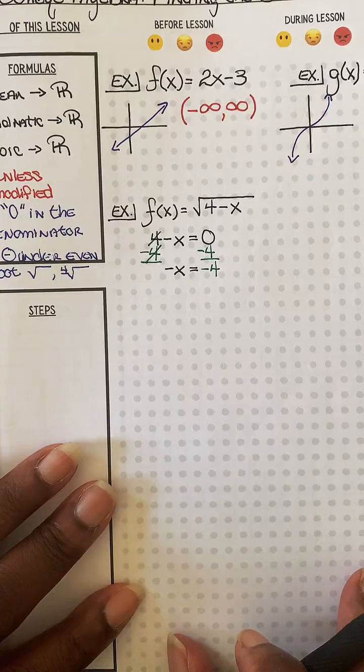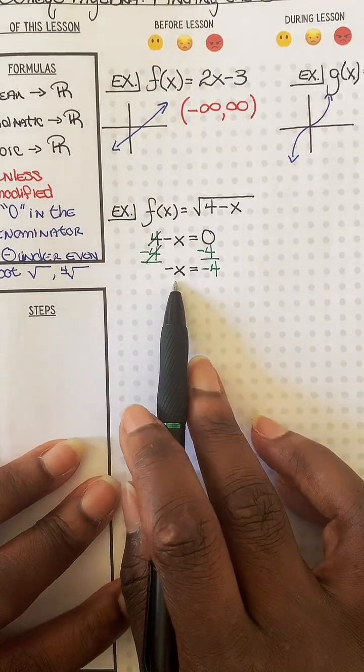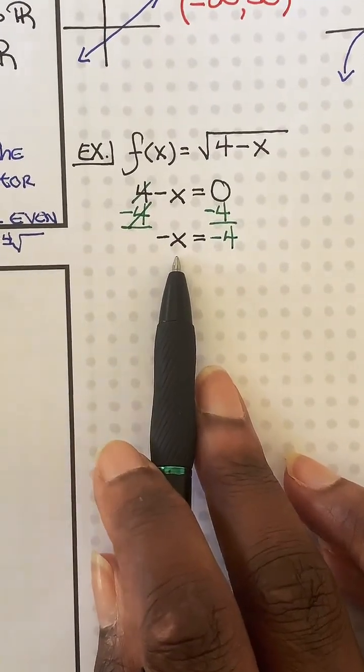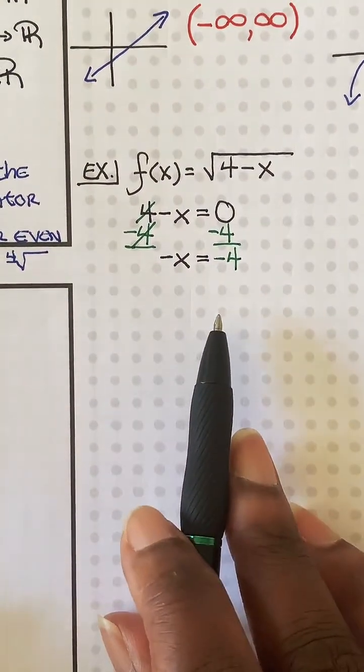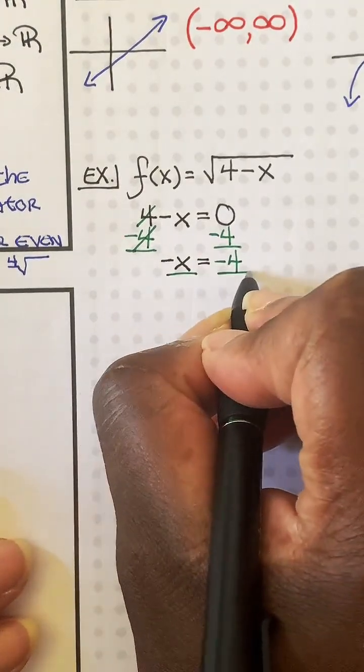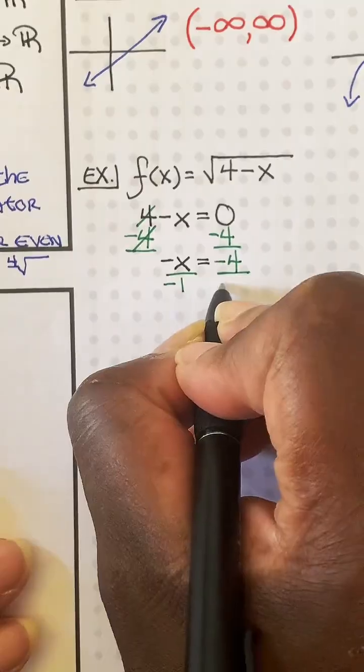Now I don't want to know what negative x equals. I want to know what x equals. So that means I need to divide both sides by negative 1.